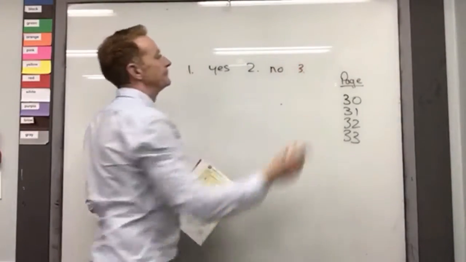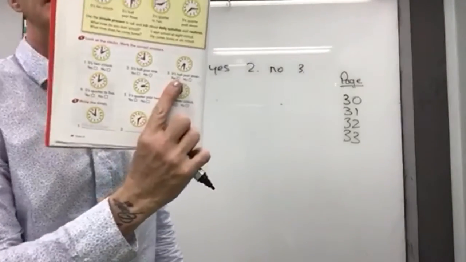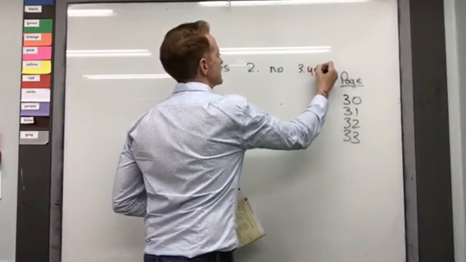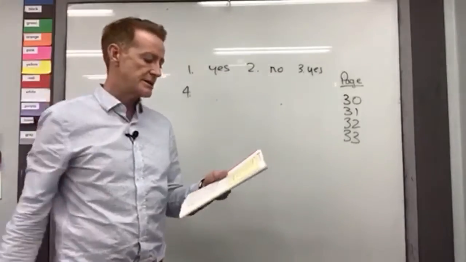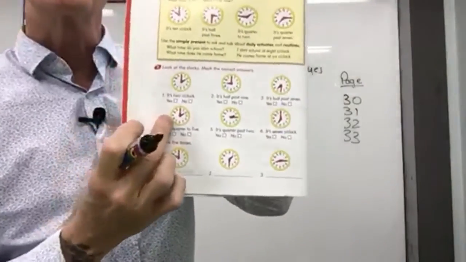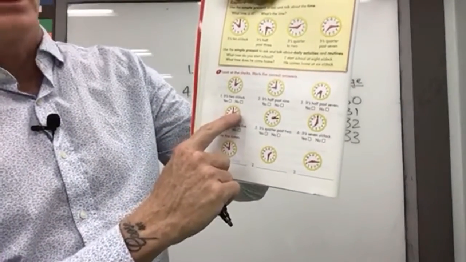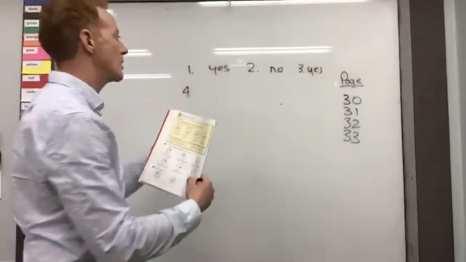Number 3. Is it 7:30? Yes, 7:30, yes. Number 4, make sure you check the box. Is it a quarter to 5? No. This one is something o'clock. What is it? It's 2 o'clock.